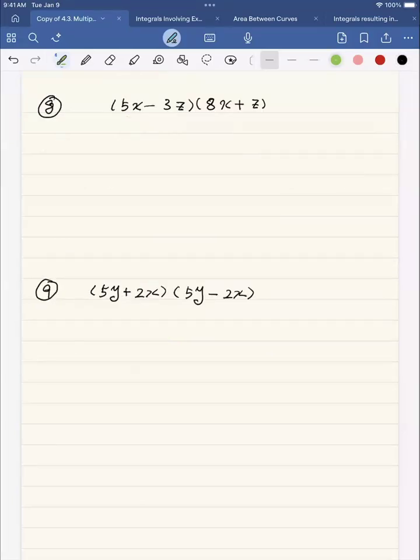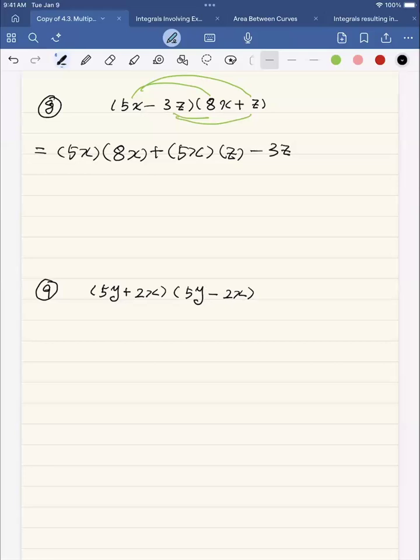Let's do more problems. We do distribution again. Then that'll be 5x times 8x plus 5x times z minus 3z times 8x minus 3z times z.